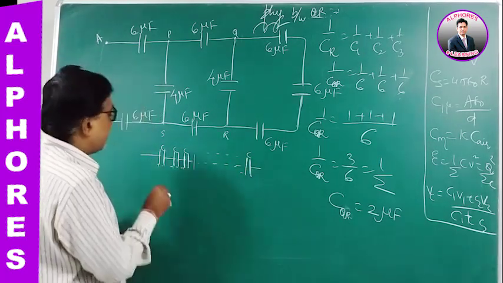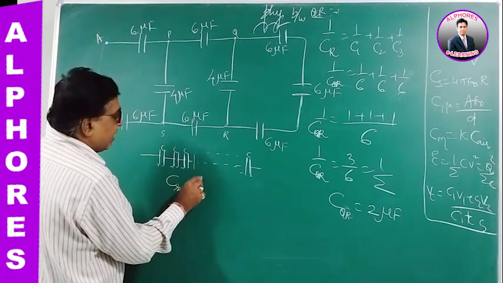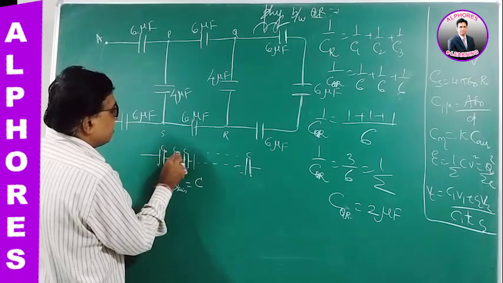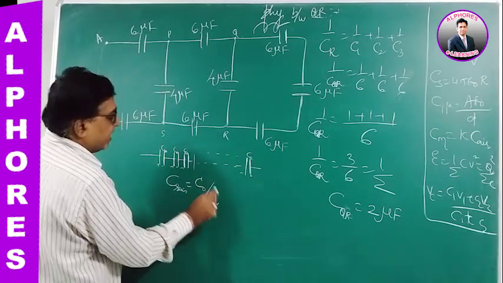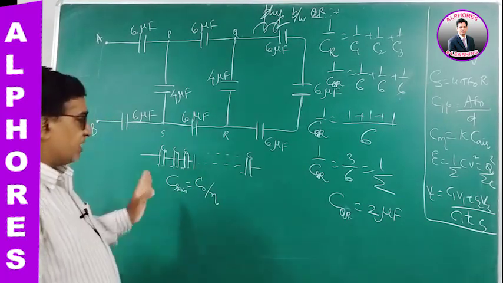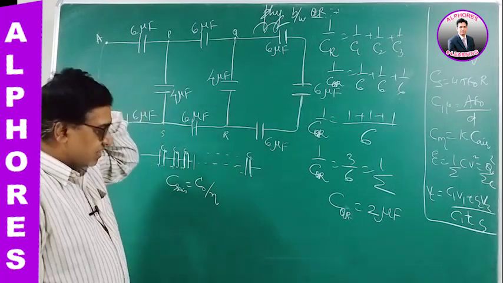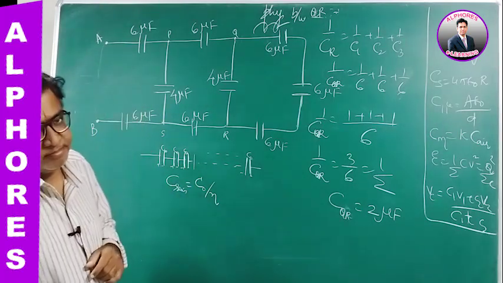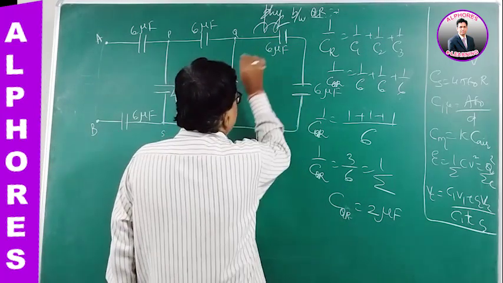So when n capacitors are connected in series, the resultant capacity, I told you, if each one is C0, then it is C0 by n. Whenever n identical capacitors are connected in series, the resultant capacity is C0 by n. Now here, these three capacitors are connected in series.